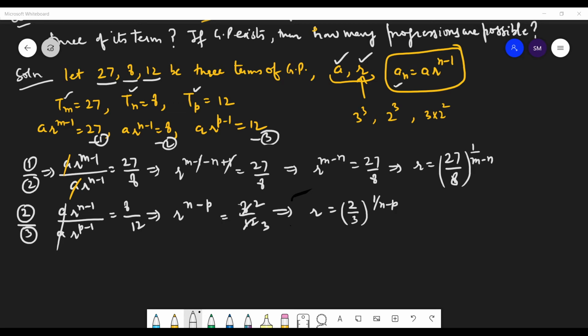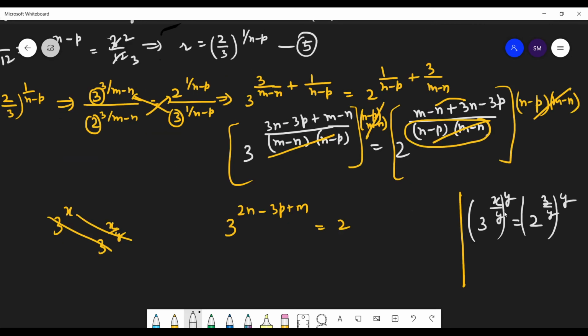So similarly, instead of squaring, I can take the power y on both sides. So this y will be cancelled out. Same power on both sides. So 2 raised to the power, students, this is 3n minus n, this is 2n, and then we have minus 3p, and then we have m.